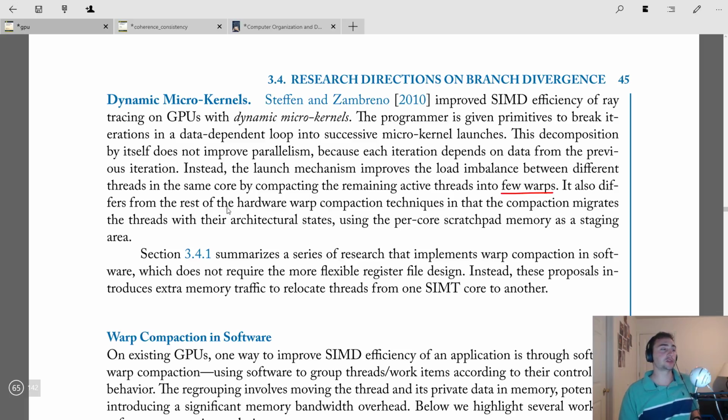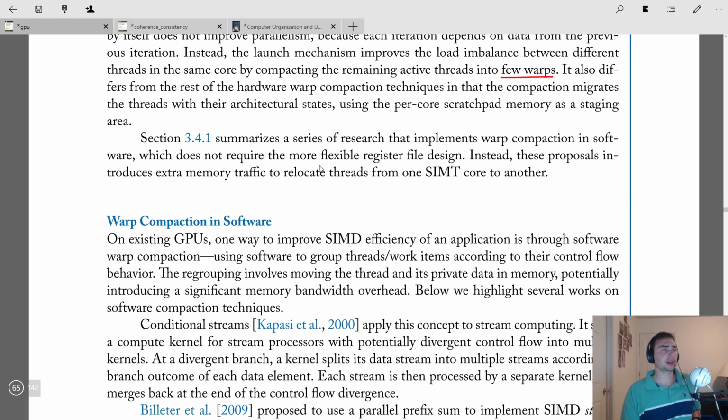It also differs from the rest of the hardware warp compaction techniques in that the compaction migrates the threads with their architectural states using a per core scratchpad memory as a staging area. Section 3.4.1 summarizes a series of research that implements warp compaction in software, which does not require the more flexible register file design. Instead, these proposals introduce extra memory traffic to relocate threads from one SIMD core to another.